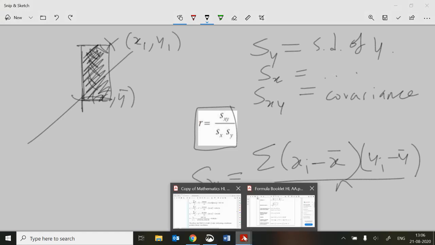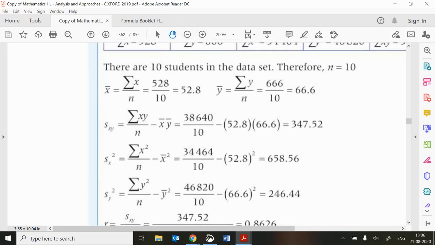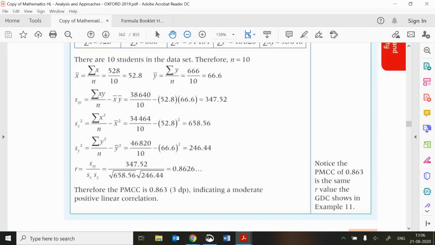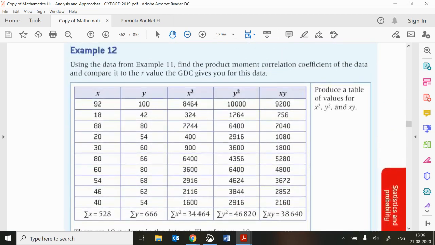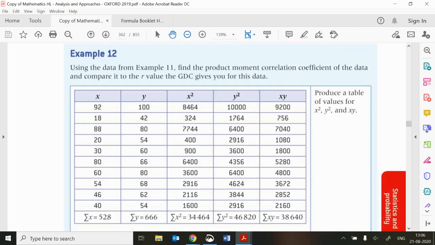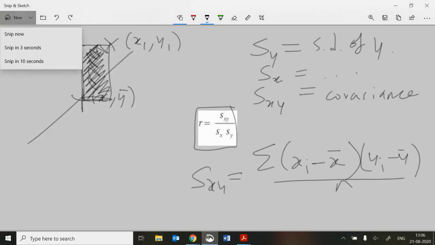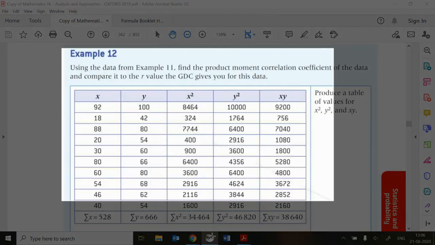So let's look at this thing again. That's going to give you R, and by design, R comes out giving you values between -1 and 1. Now you can calculate R from this table here.